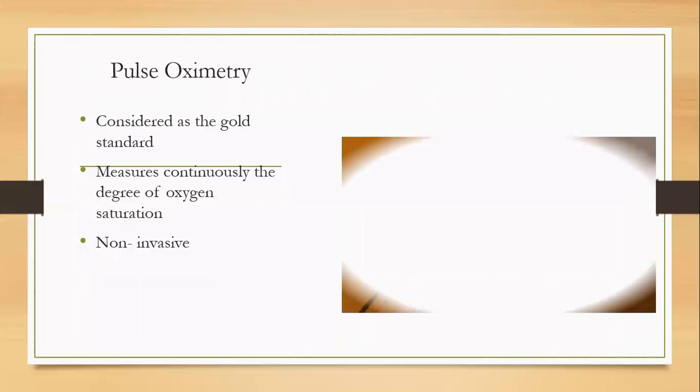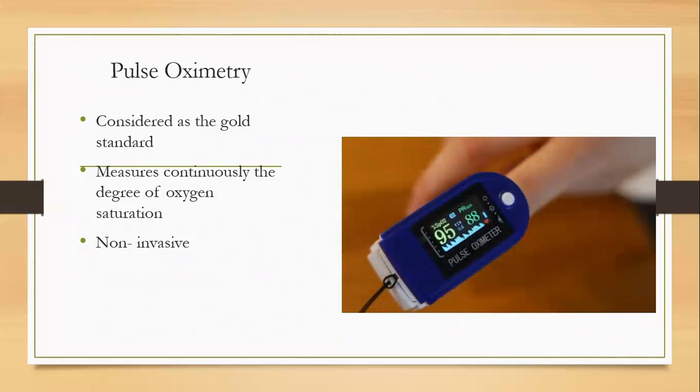Pulse oximetry, and to familiarize ourselves, I have an image to the right of the screen, is considered the gold standard when monitoring the vital signs of a patient who has undergone sedation. It measures continuously the degree of oxygen saturation of the patient, and it is highly advantageous in that it is non-invasive.